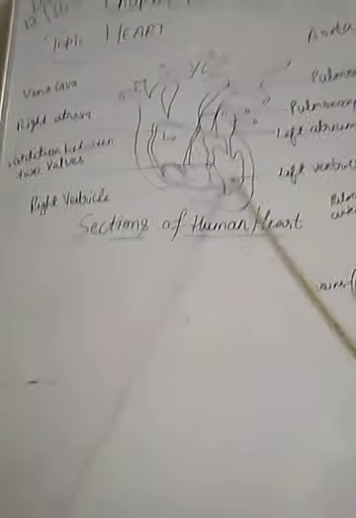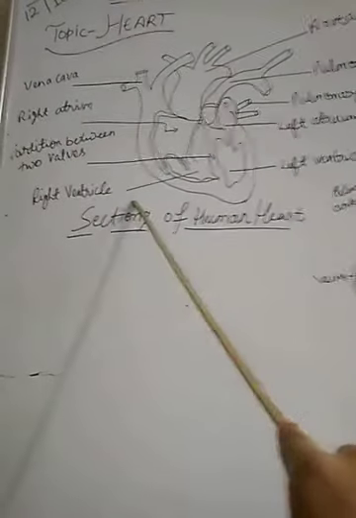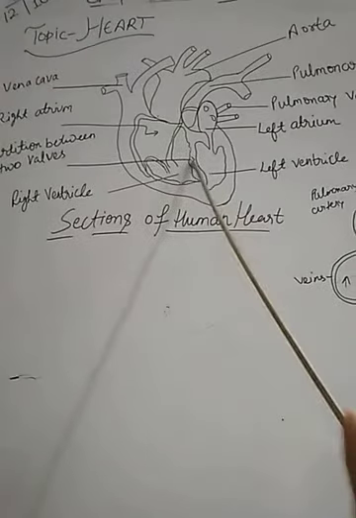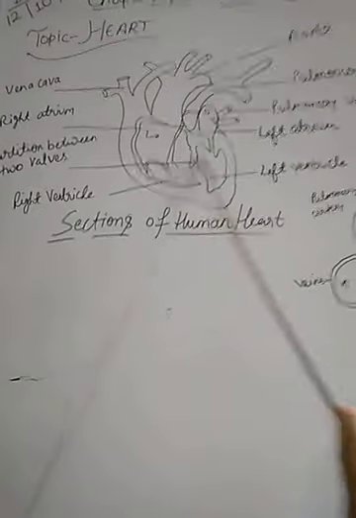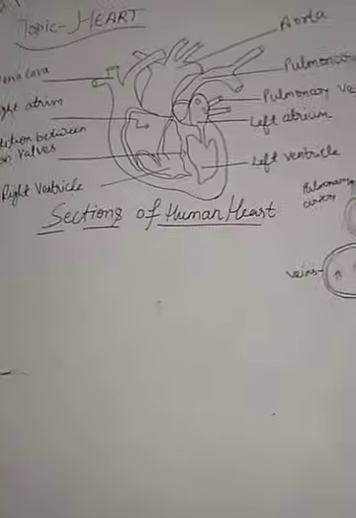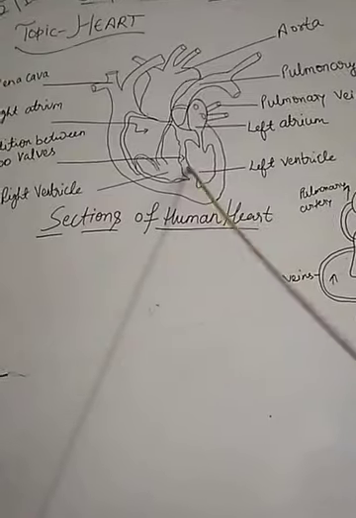Similarly, this is the left ventricle and this is the right ventricle. Children, there is a partition between these chambers, and it is there to avoid the mixing of the deoxygenated and oxygenated blood.